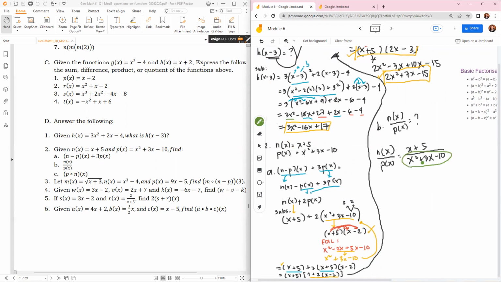We can express it in terms of x plus 5 multiplied by x minus 2. Why? Because of the FOIL method.